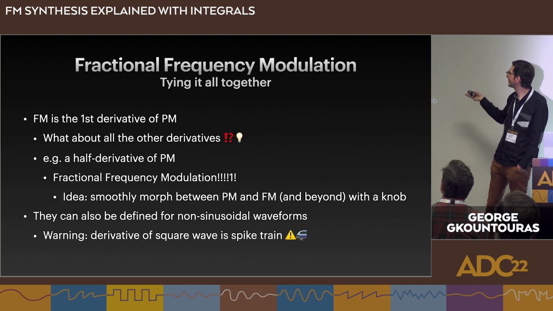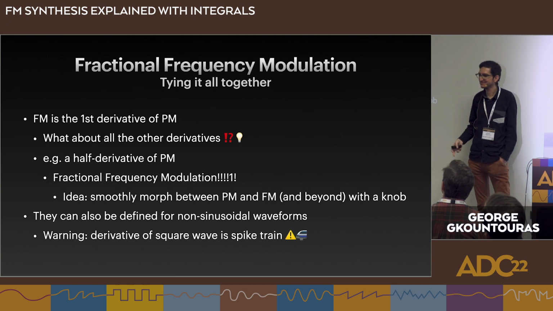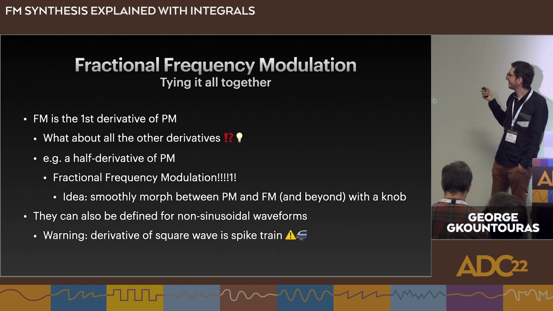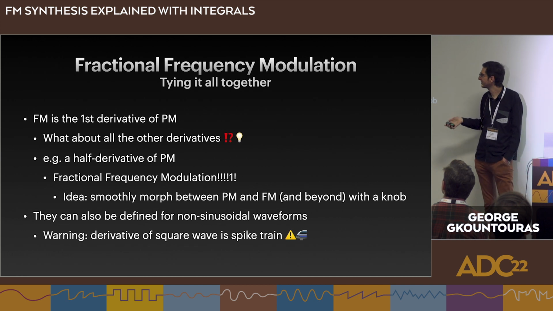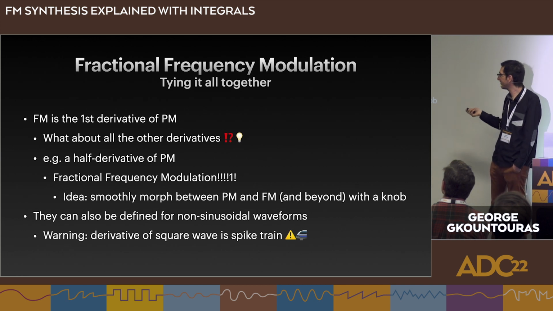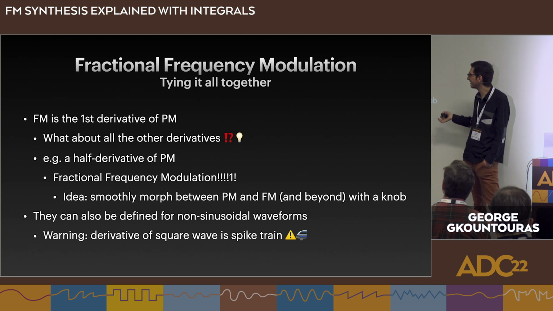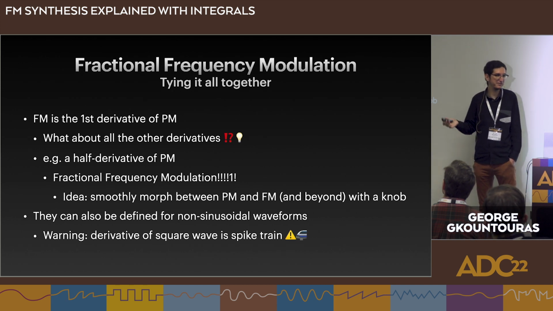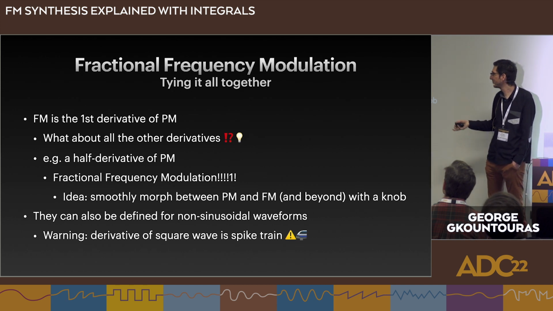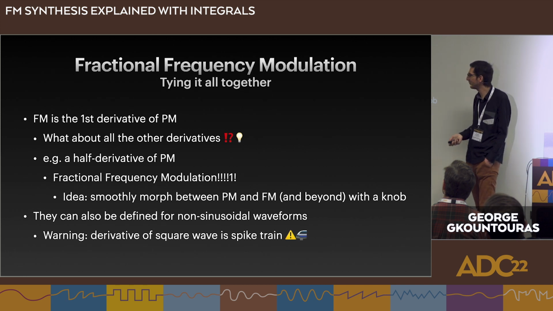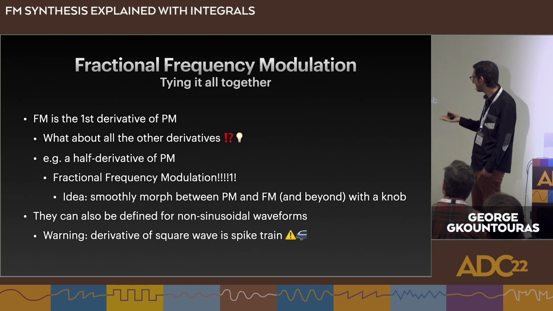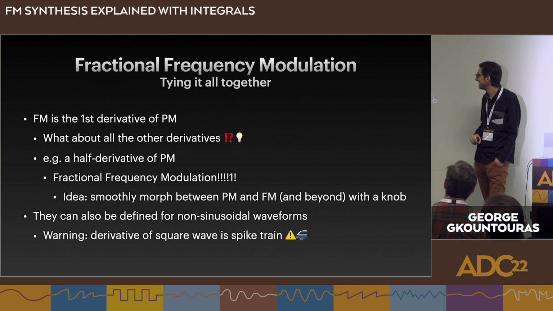Fractional frequency modulation. If FM is the first derivative of phase modulation, what about all the other derivatives that we just defined? So can we have a half derivative of phase modulation? And if we do, then what does it mean? That's fractional frequency modulation.